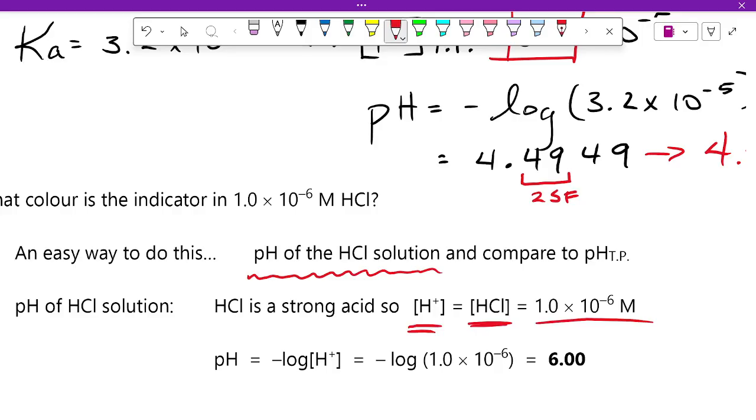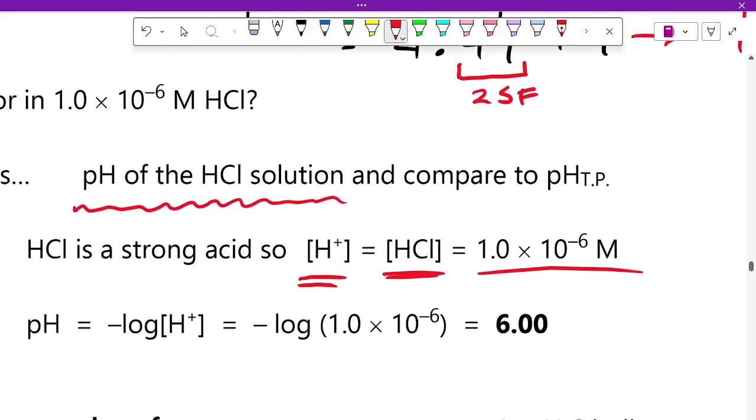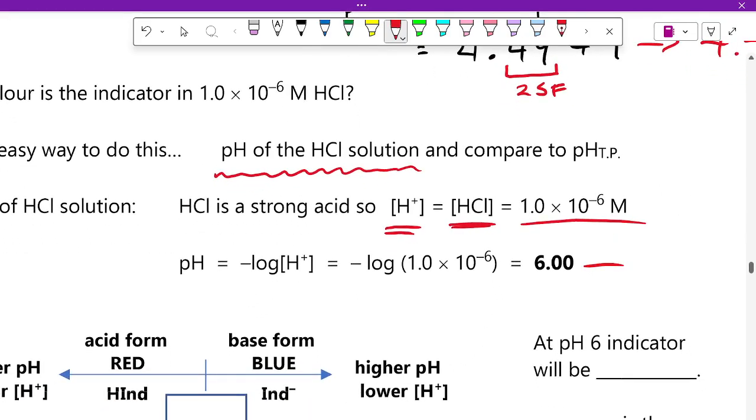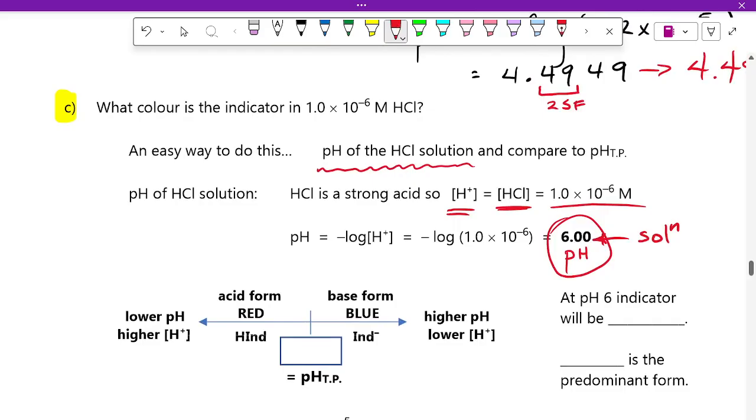And then if we find the pH, that's the negative log of 1 times 10 to the negative 6, which is 6. So our solution is pH 6. What color will our indicator be in that solution?